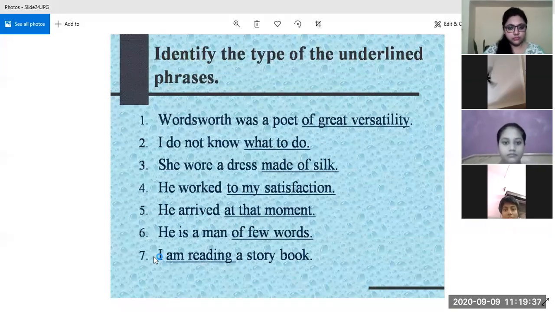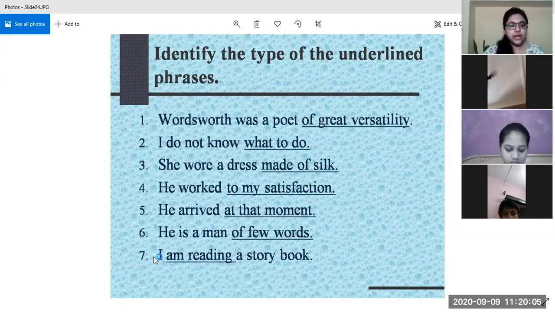Prepositional phrase. To my satisfaction, yes, it can be a prepositional phrase, and a prepositional phrase is not only a prepositional phrase. It is either an adjective phrase or an adverb phrase. So what else will it be? Adverb phrase, okay? Because it is modifying the verb over here, worked.